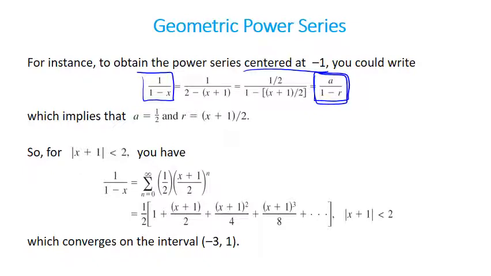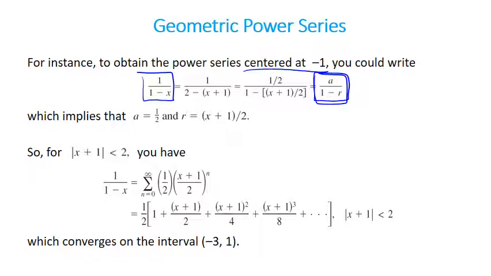We wanted this to resemble this, and it did. And what I can do is manipulate this algebraically so that I have a series centered at -1, but still just kind of jazz this up a little bit so it still has this look to it.